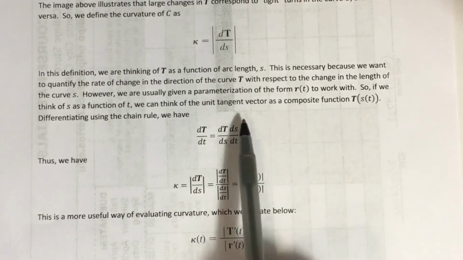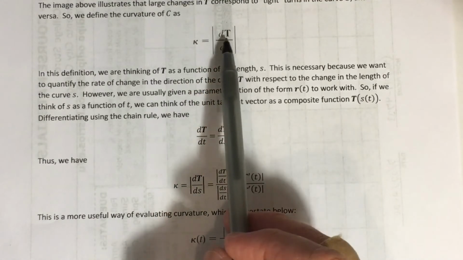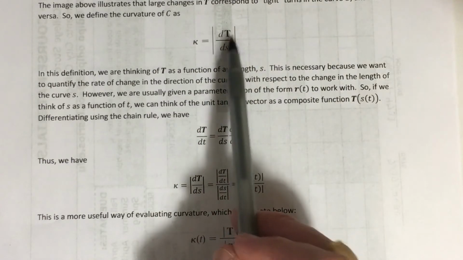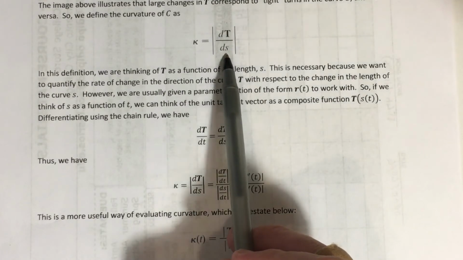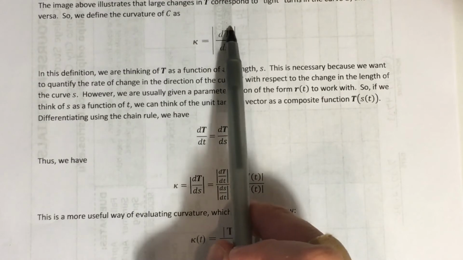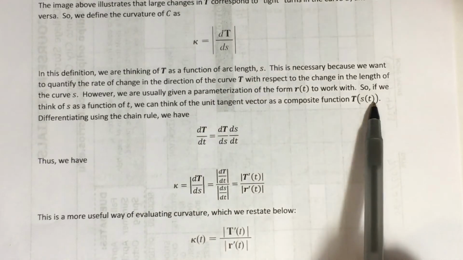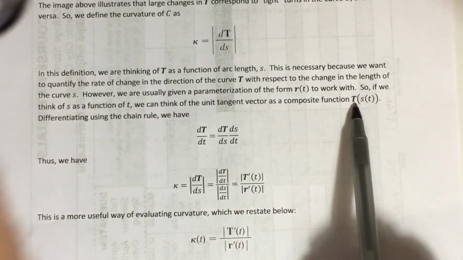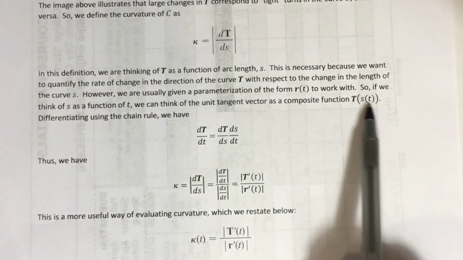So if we think of the function that this would have come from, we would have had to reparametrize our unit tangent vector function with respect to s. Right? But s by itself is a function of t. And so we can think of capital T, our unit tangent vector, as a composite function, T of s of t. Okay? Now, again, remember, this is a vector function.